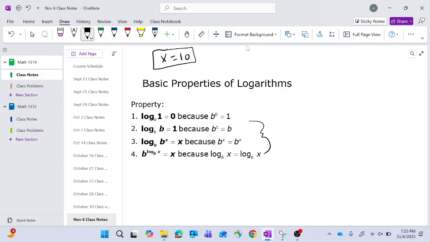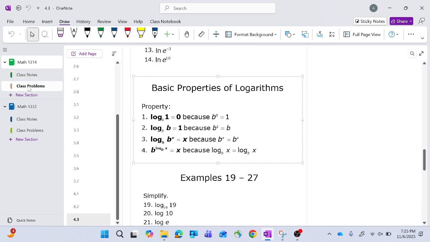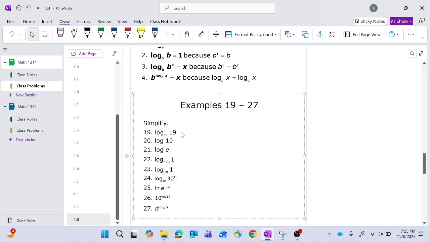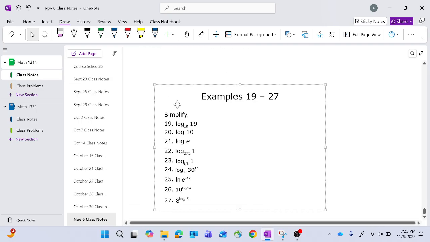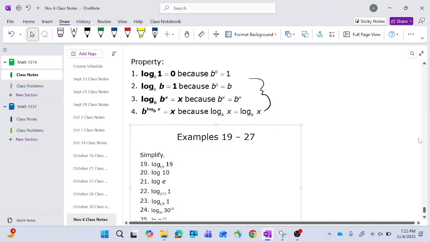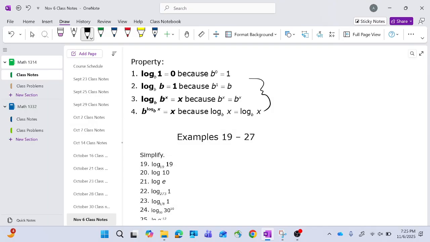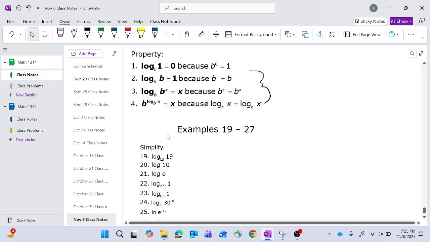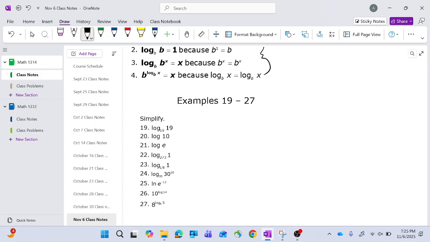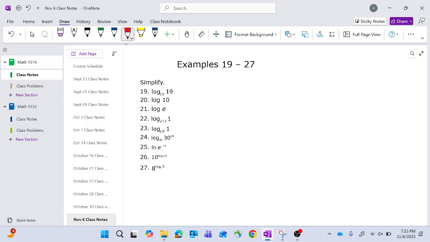Okay. Good. All right. So they have some examples. Essentially, what all this stuff is saying is about the base of the log. So in this case, let's do 19. We have log base 19 of 19, right?